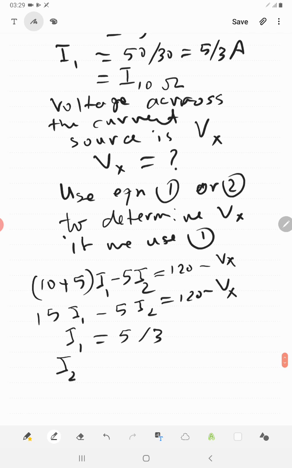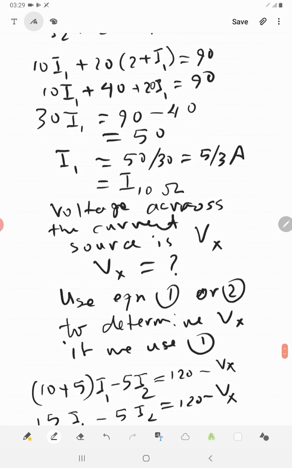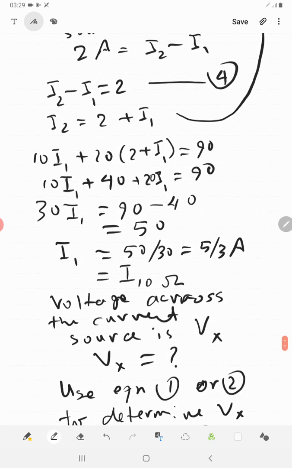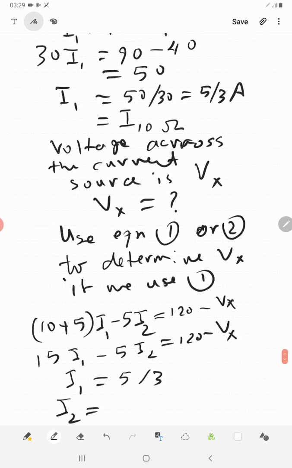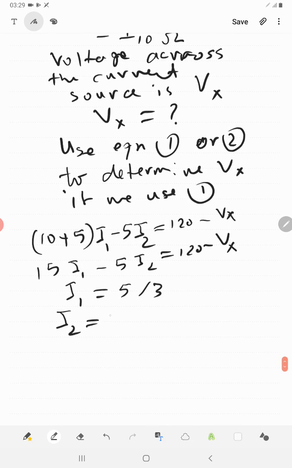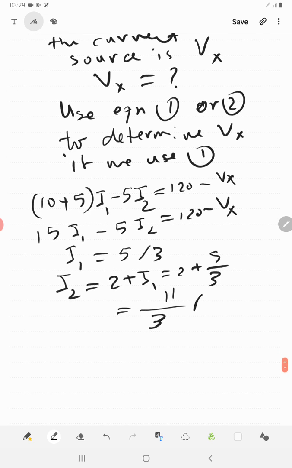We need to calculate I2, which from this equation is equal 2 plus I1, which is equal 2 plus 5 over 3, which is equal 11 over 3 amps.